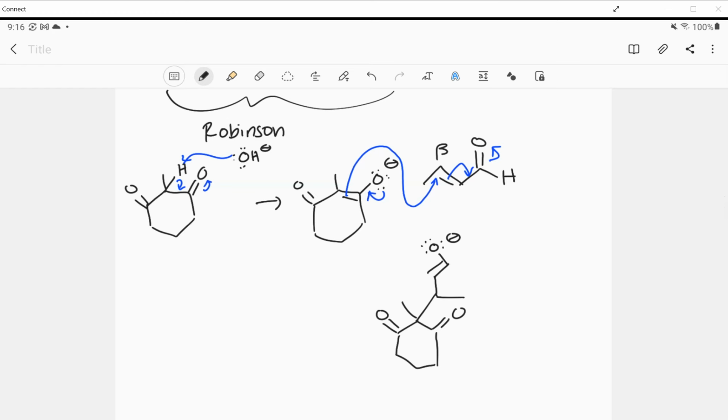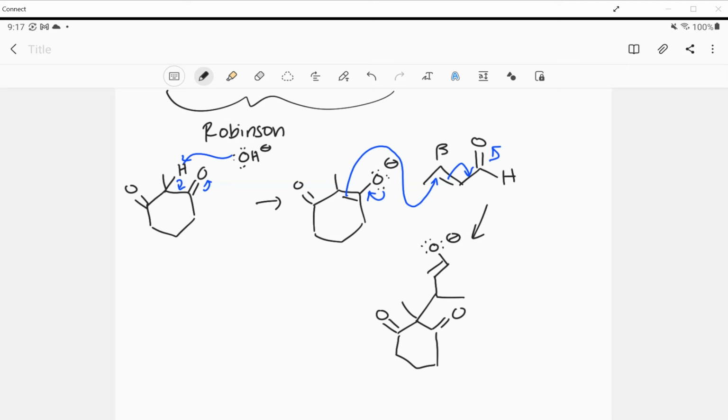And so now what's going to happen with this? What's going to happen next here? Is there an intramolecular thing attached? Yeah, right.